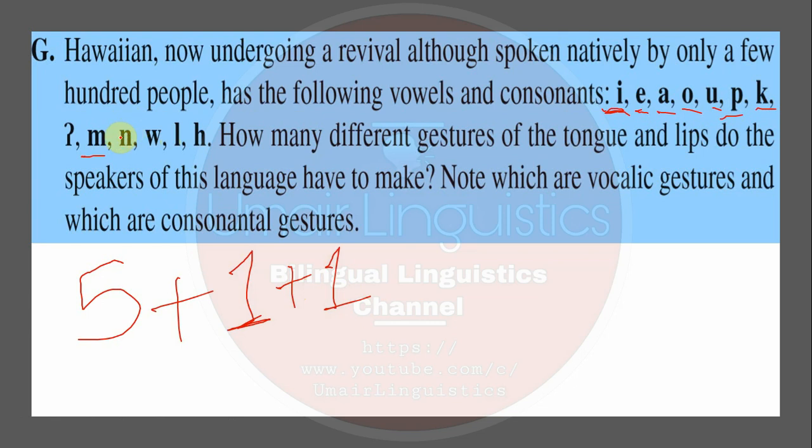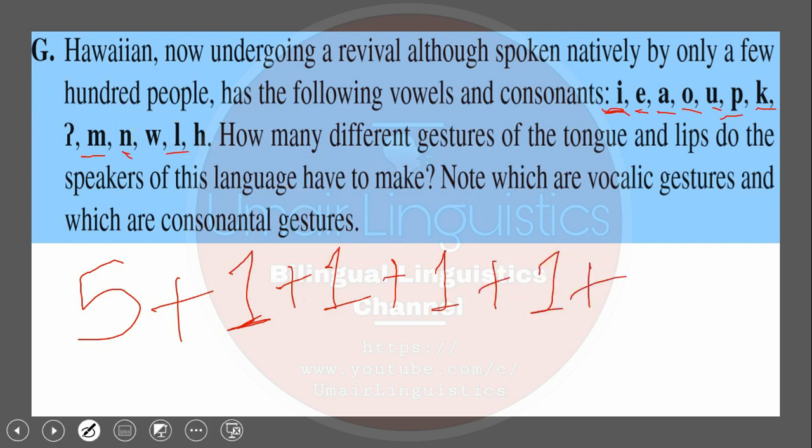Then n is alveolar, l is also alveolar, so these two have another gesture. H has another gesture. W has another gesture. So 5, 6, 7, 8, 9, 10. Because glottal stop usually does not include any tongue and lip contact, we cannot include it.